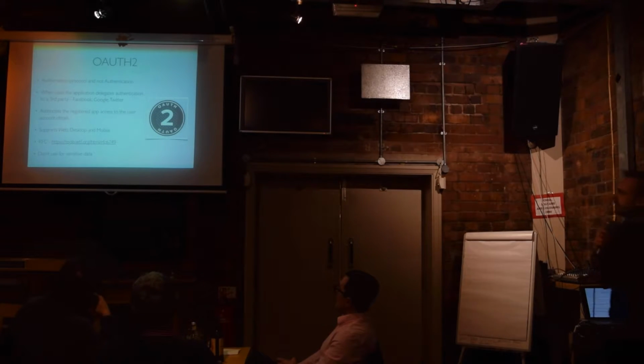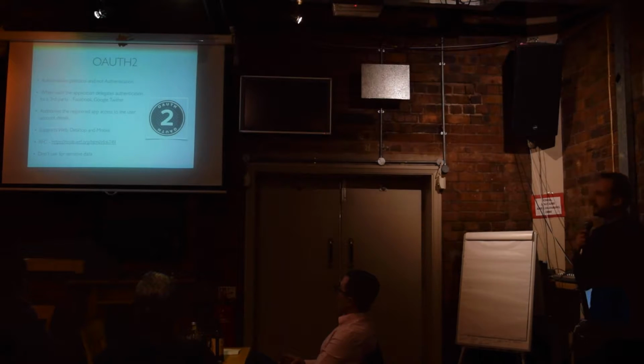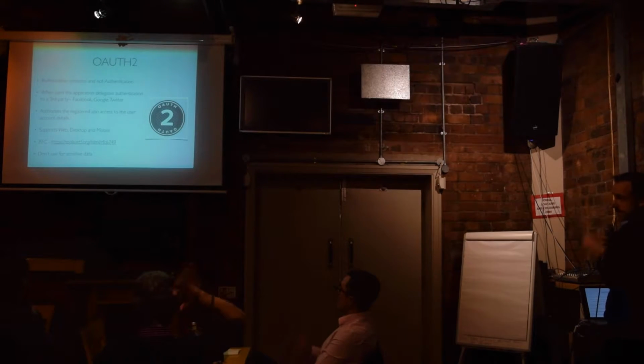So, the slide on OAuth 2 here. The important thing to get from OAuth, which isn't necessarily obvious, is that it's authorization, not authentication, which is quite a significant point, to be honest.